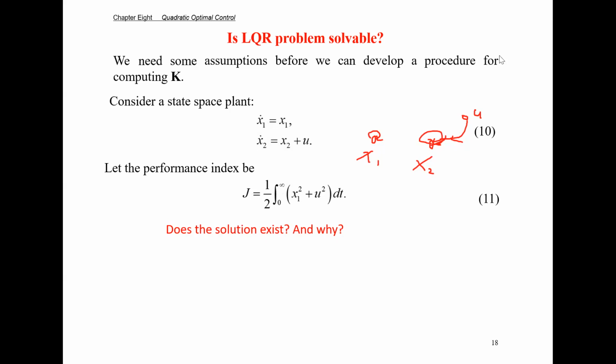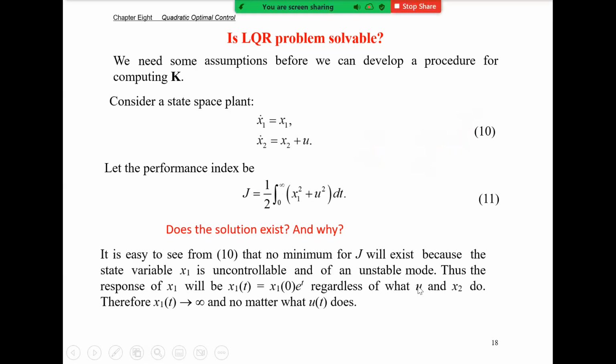Is that clear? The reason is simple. There's no minimum for J because x1 is uncontrollable, and whatever you do with the input does not affect x1. Therefore, this cost will blow up.